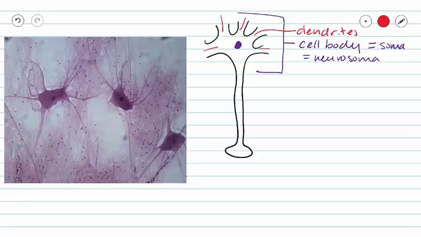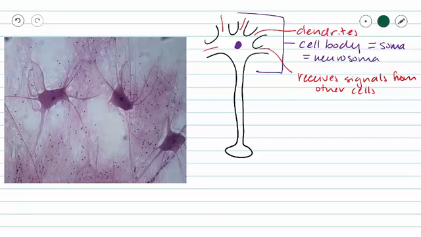And what is the function of a dendrite? A dendrite is going to serve to receive signals from other cells. So that signal goes to our cell body, and then our cell body makes some decisions about what to do with those signals.